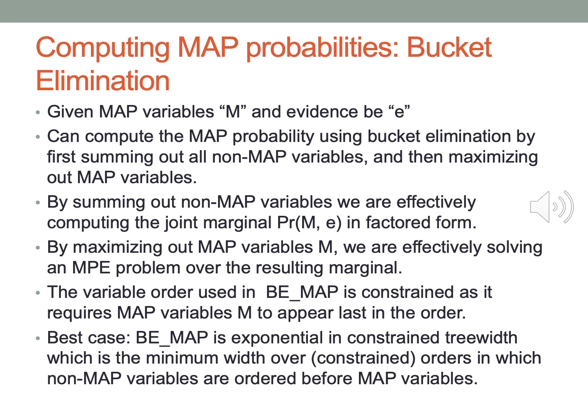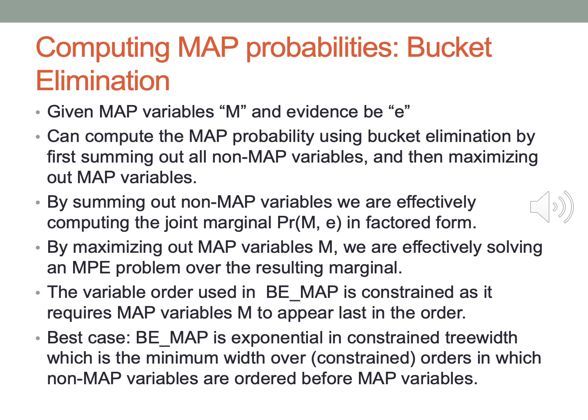Thus, the best we can do in terms of computational complexity for bucket elimination, when bucket elimination is used to solve the MAP problem, is no longer exponential in the tree width of the graphical model, but it is actually exponential in another quantity called constrained tree width, which searches over constrained orders in which the non-MAP variables are ordered before the MAP variables.